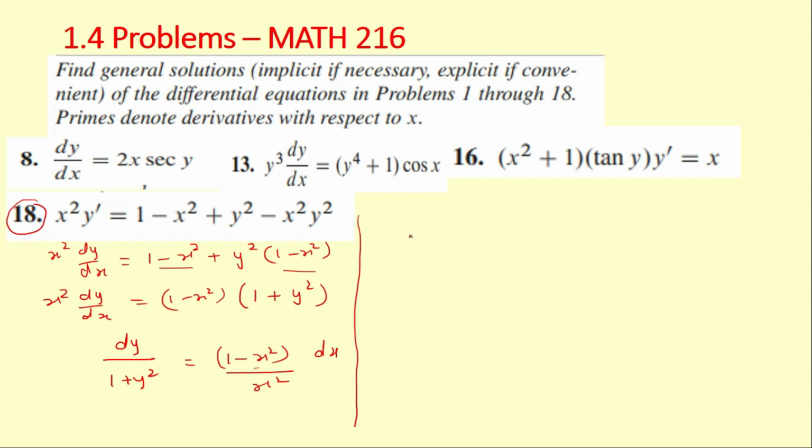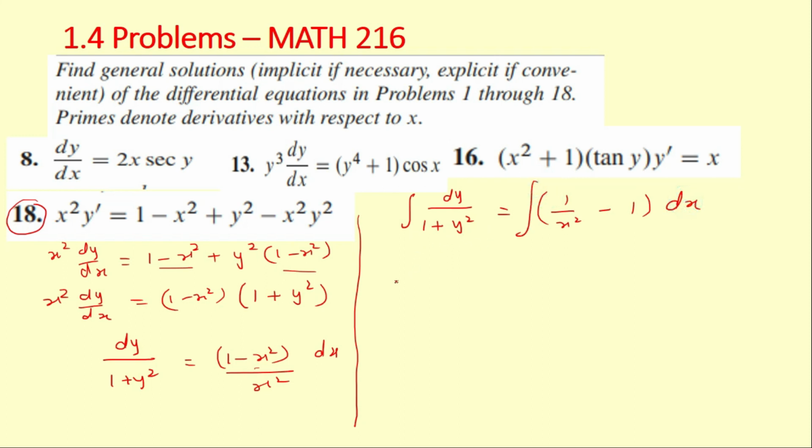We are going to integrate it. Before integration, we can write this one, integral dy over 1 plus y square, which is tan inverse, of course. The right hand side it will be 1 over x square minus, so separate this one, 1 over x square minus x square over x square, which will be minus 1, and integration dx.